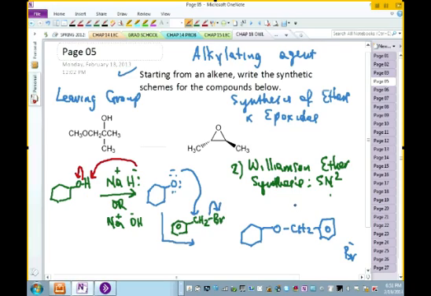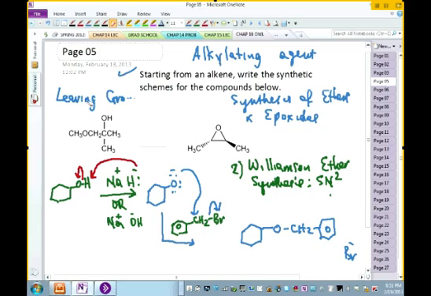It involves two steps. The first step, we form the alkoxide with sodium hydride, starting with alcohol, or sodium hydroxide. Once you form the alkoxide, then you add any kind of alkylating agent. By that we mean any organic molecule that has a good leaving group attached to a primary carbon or secondary carbon. Okay?